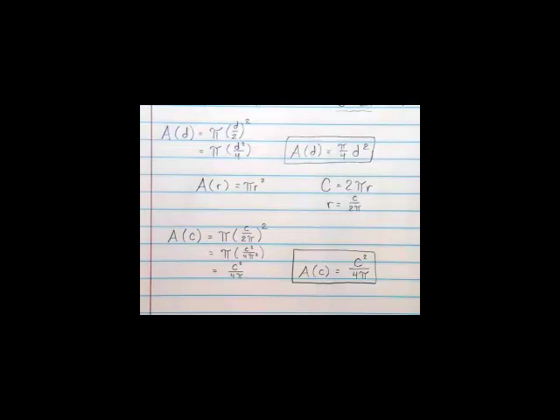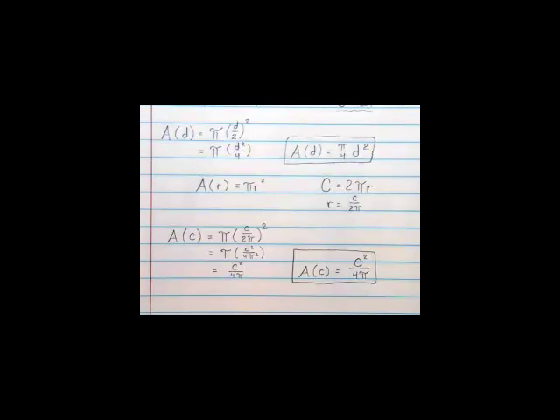Yeah? How would it become c over 2 pi? I divided each side of this equation right here by 2 pi, because I had to solve it for r. So you have to divide by the 2 and the pi, so I just did it at the same time. Okay, and then here's my substitution step. Pi r squared, but it's that c over 2 pi. And then I squared that fraction, so c squared.